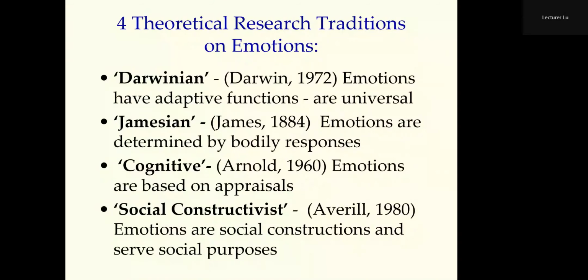Last is the social constructivist approach: emotions are social constructions and serve social purposes. And we also talked about the two-factor theory, right? Emotions have two different components, physiological reactions and cognitive appraisal, and they are independent and separate.